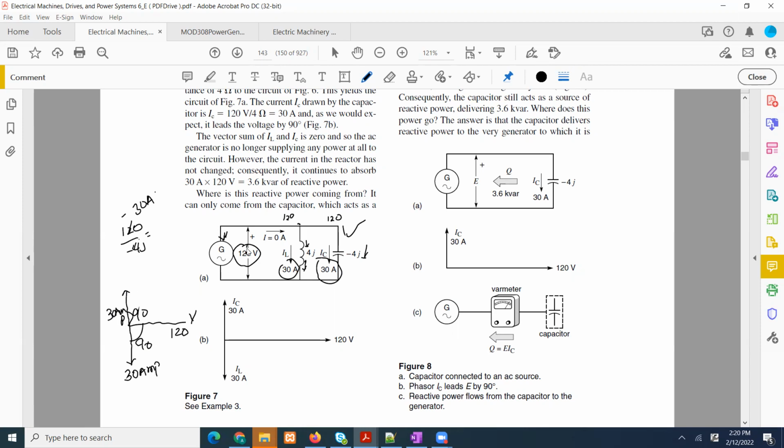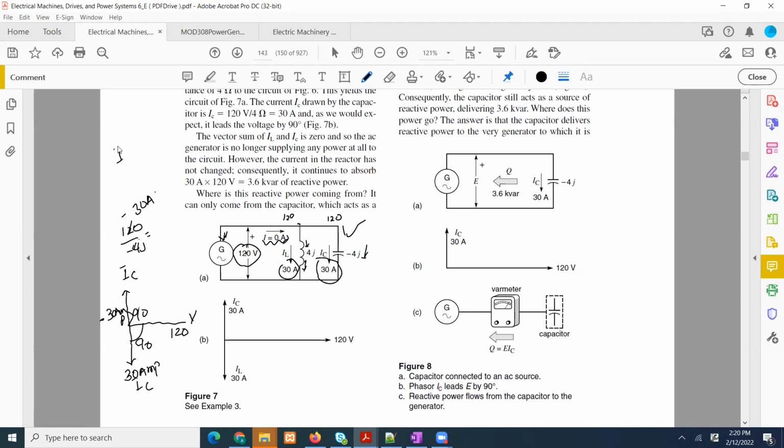Don't get confused, that's why I equal to 0. This I equal to 0 is vectorially. If we add these two, the capacitor current, the IC, and the IL, that's going to give us 0, because 30 minus 30 is 0. Alright, so that's why that is there.